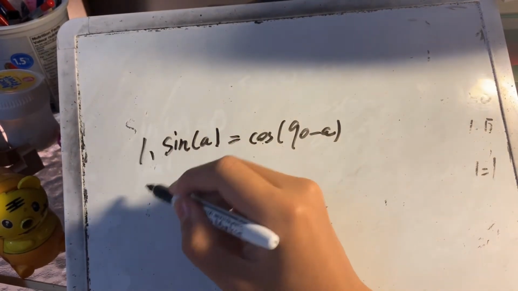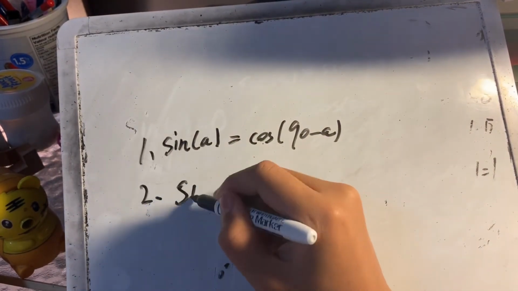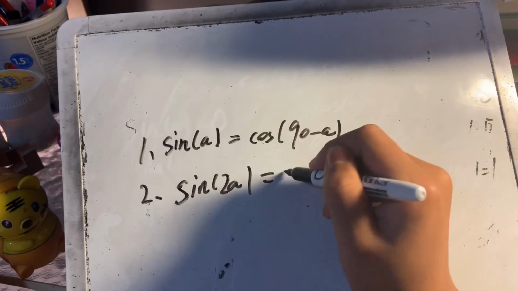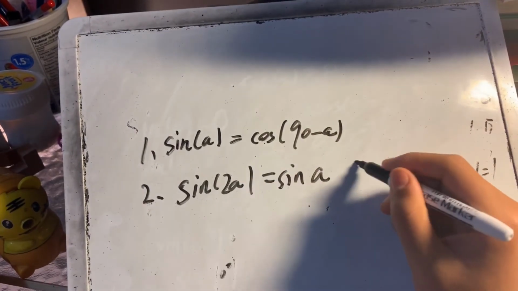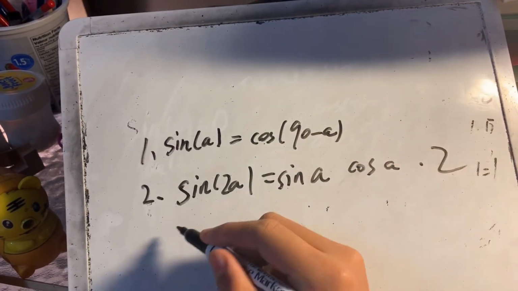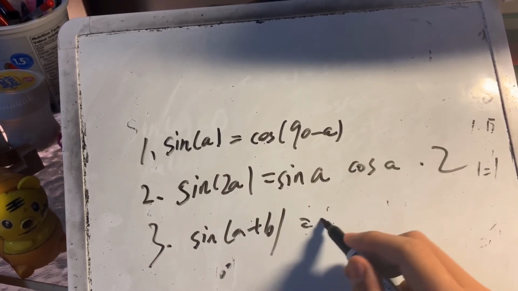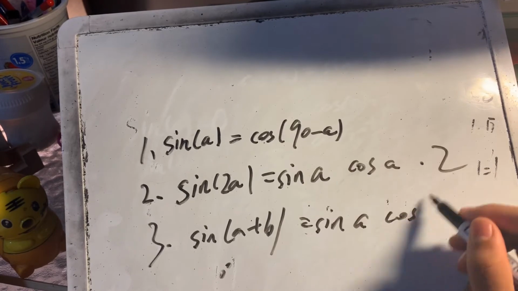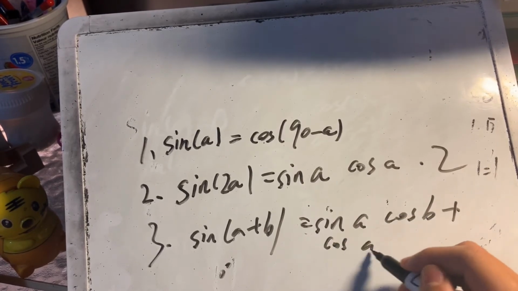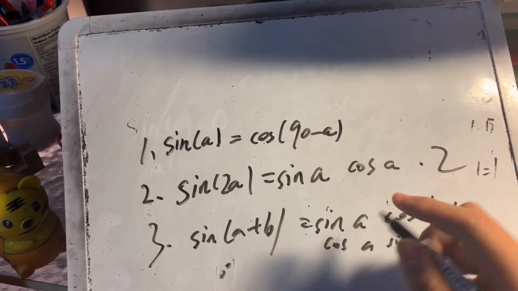Second, double angle. Second is sine of A plus B is equal to sine A cosine B plus cosine A sine B. Okay.